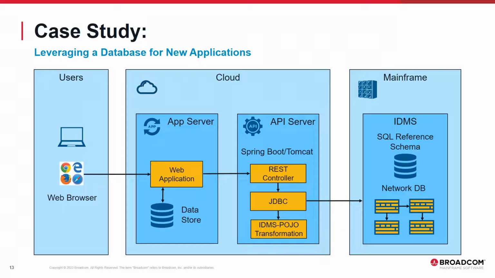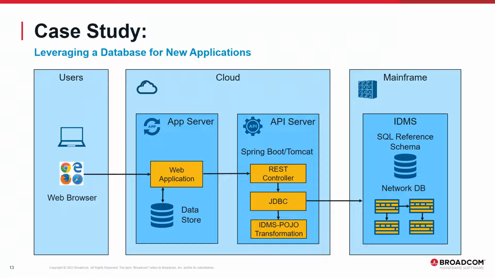So in the middle, they put an API server. This turned out to be a Tomcat server based on Spring Boot, the common open source implementation of web services. And they used JDBC to access IDMS. What we helped them do is build a transformation of those JDBC calls to produce plain old Java objects that could then be returned to the web application.